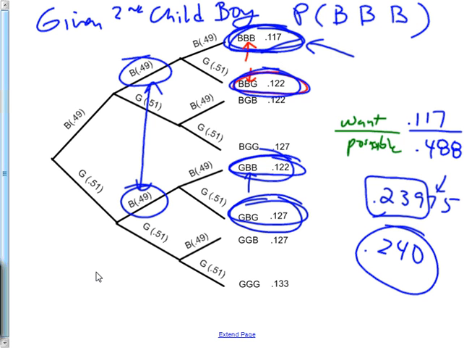Okay, wait. I know what you're saying is making sense. So if I replace the what? Boy, girl, boy, that one. You're replacing that with what? Boy, girl, boy. Why do I want to replace that one? Oh, I see.